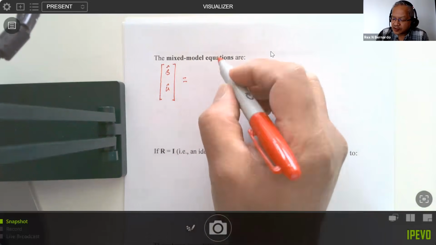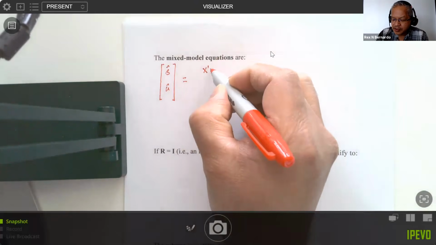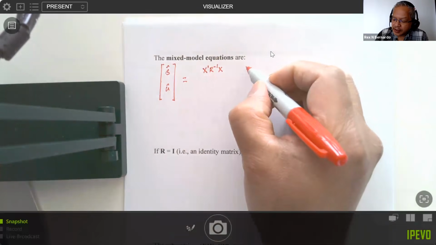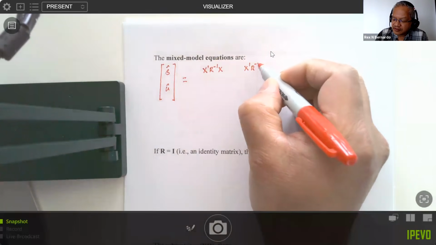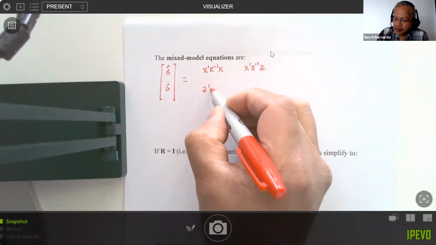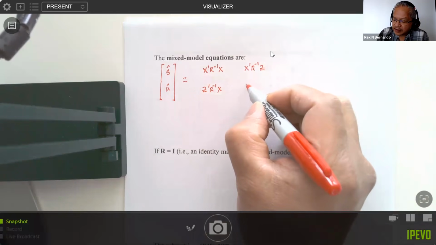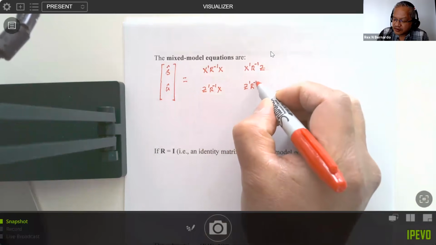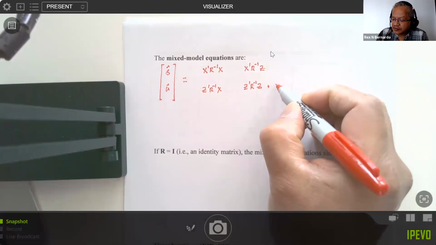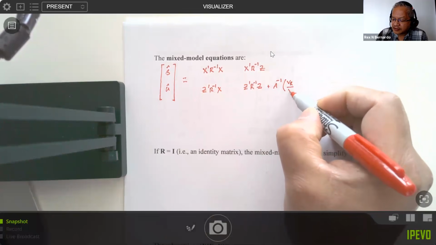And this is equal to, I'll just write this down and explain it later on, X prime R inverse X, and then X prime R inverse Z. I'll have my Z prime R inverse X. And then I'll have my Z prime R inverse Z. And then I need to add the inverse of my A matrix times the ratio between residual and additive variance.